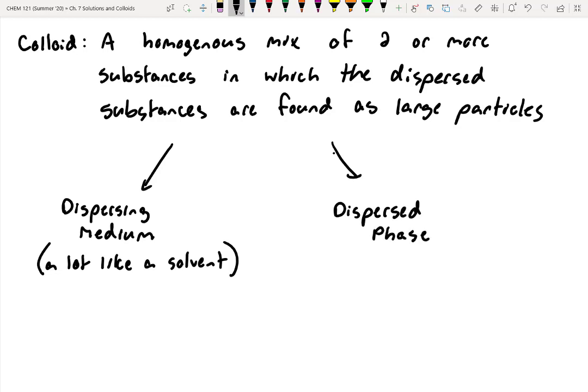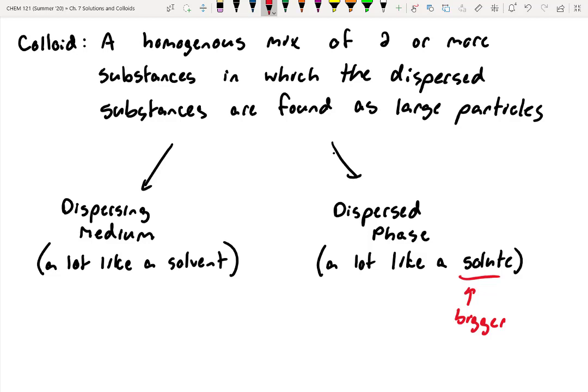A dispersed phase is a lot like a solute. However, the solute is bigger. It's bigger than our standard solutes, therefore milk is nice and cloudy. However, it's not so big that it'll actually settle out. Therefore, the solution remains homogeneous.